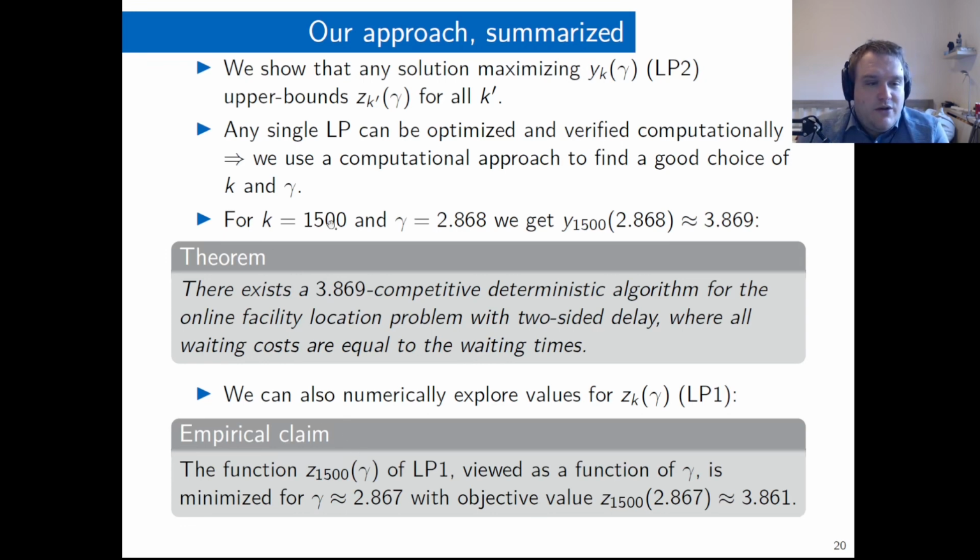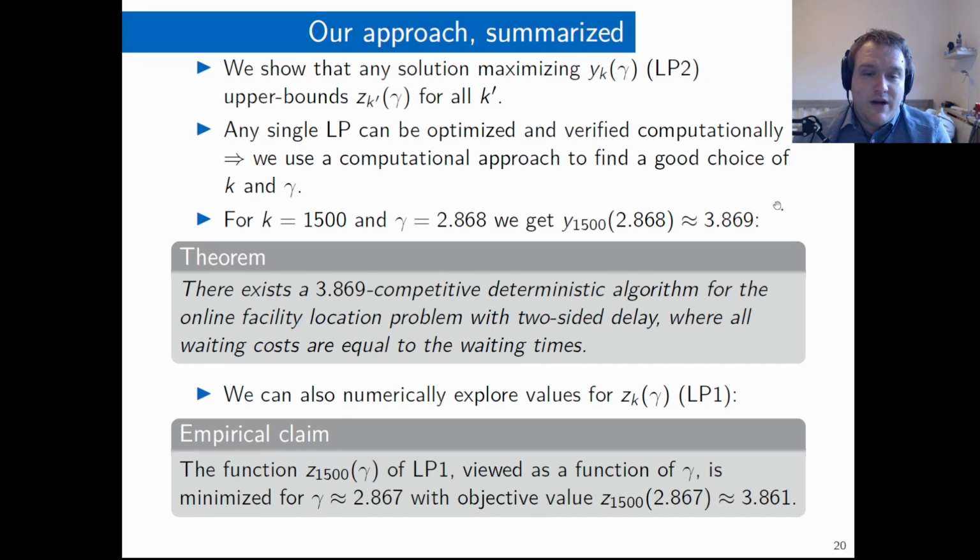And the only thing you want is that k is big enough such that the gap between the best possible value of y and, of course, the best possible value of z are not that far apart. And we claim that for k equals 1500, the value is 3.869, so there exists a 3.869-competitive deterministic algorithm for the facility location with two-sided delay, where all waiting costs are linear, right?